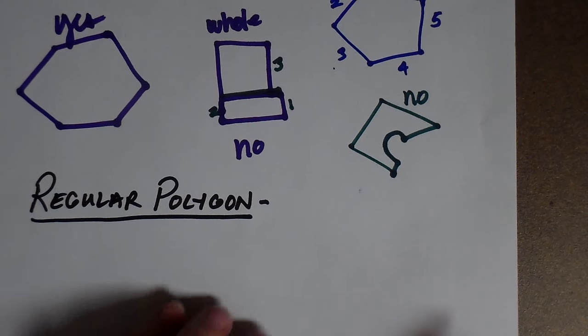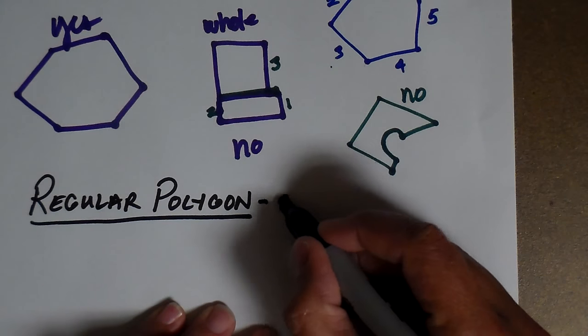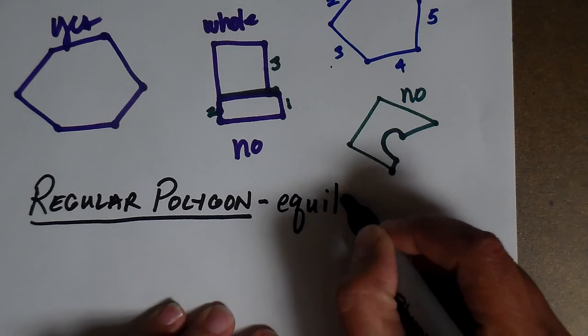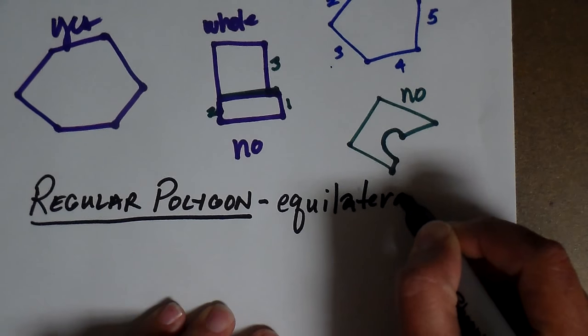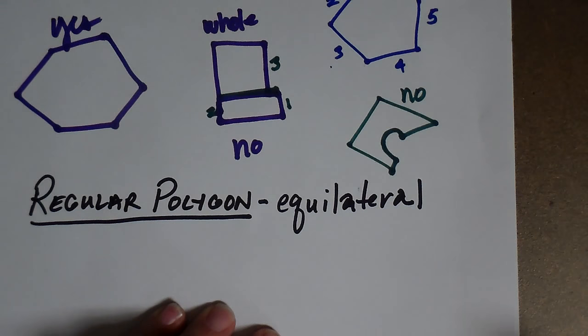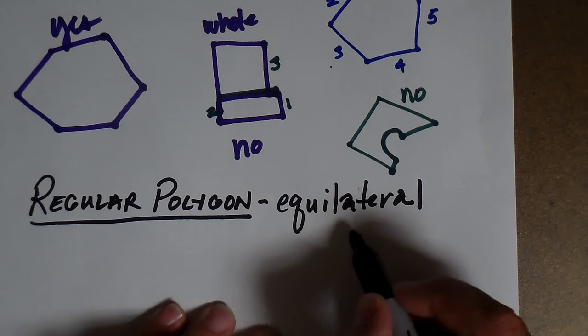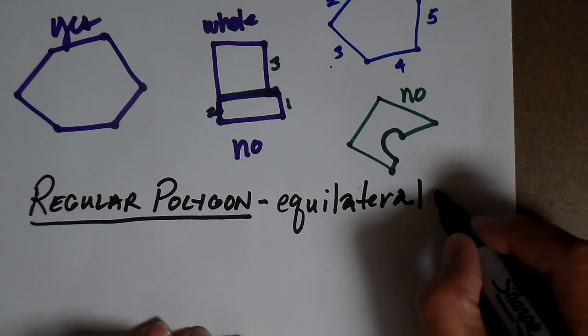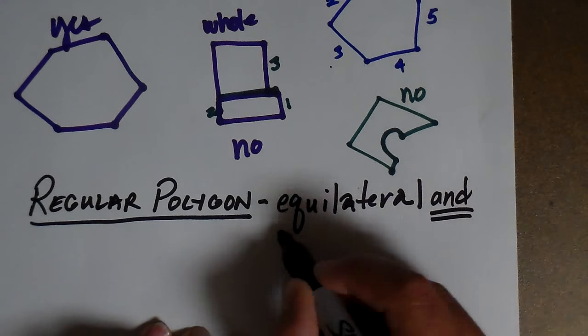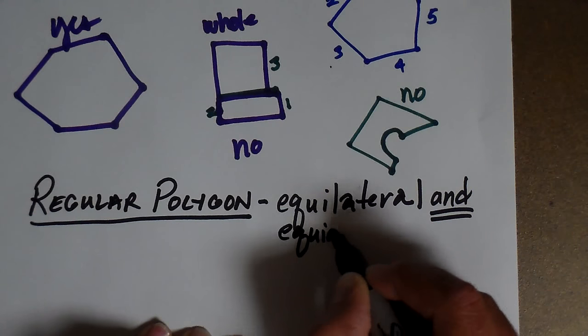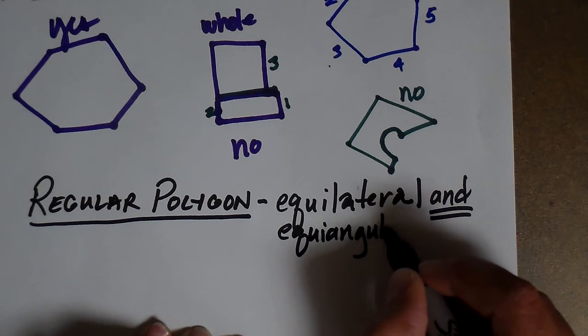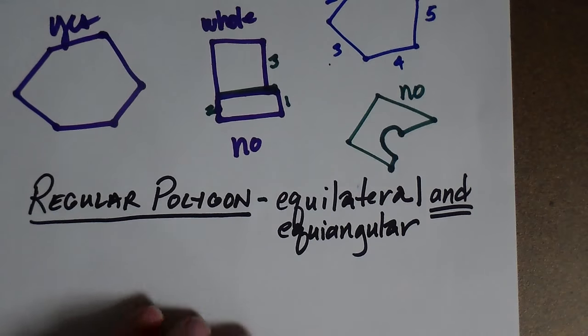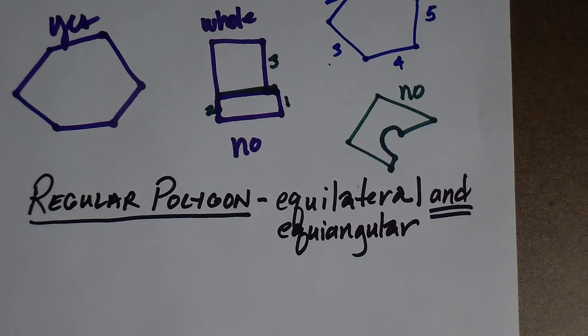A regular polygon is a polygon that is both equilateral, and what does equilateral mean? Congruent sides, equal sides. It's both equilateral and equiangular. That means a regular polygon is a polygon in which all sides are congruent and all angles are congruent.